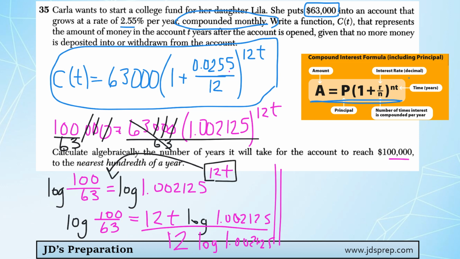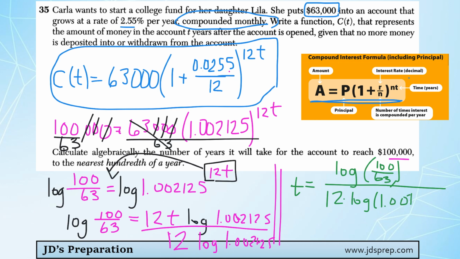So that means t we can find by taking log of 100 over 63 and dividing it by 12 times log of 1.002125. And when you calculate that out, you should get a rounded answer to the nearest hundredth of 18.14 years.